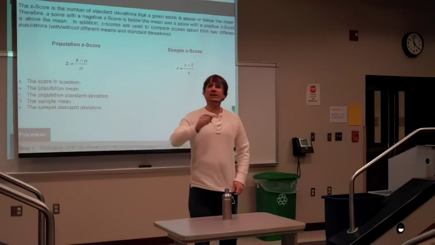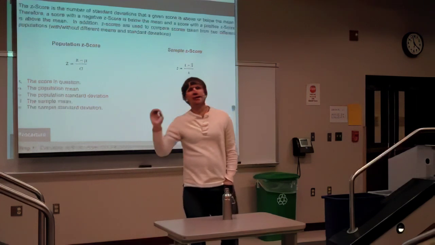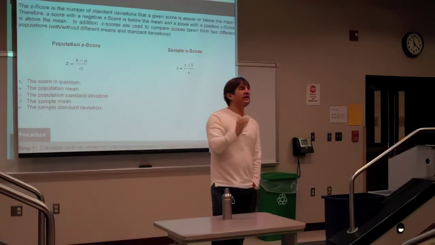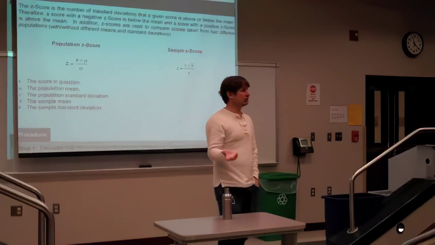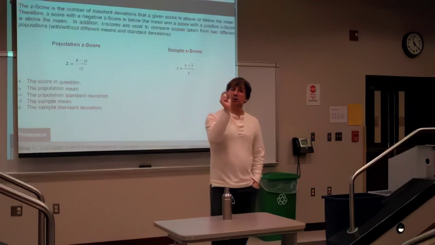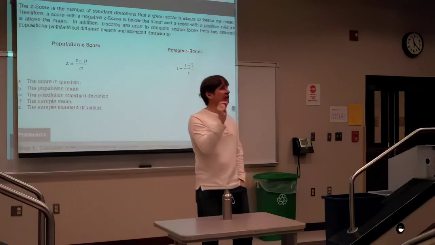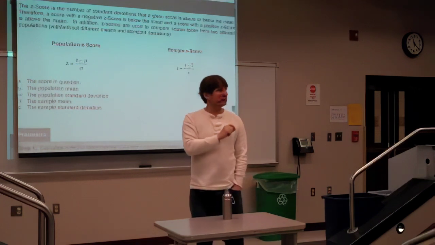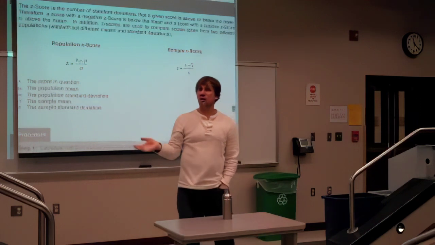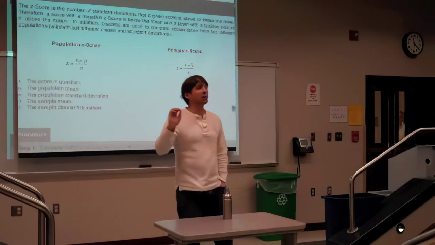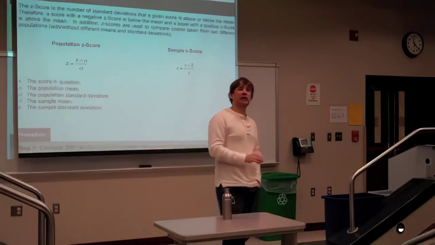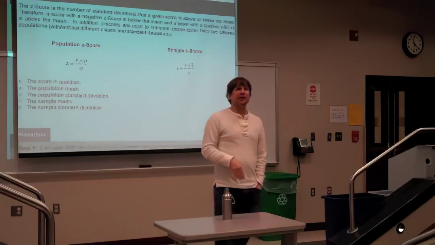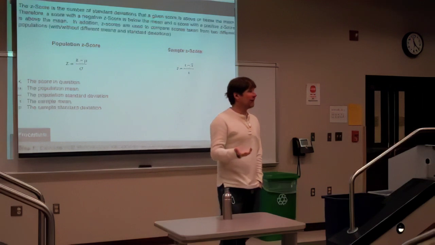So, if you got an 80 and your friend got an 85, and your Z-score was, let's say, 2, which means your grade was 2 standard deviations above the mean, and your friend's score was a -3, which means their score is 3 standard deviations below the mean, then you know more about statistics.